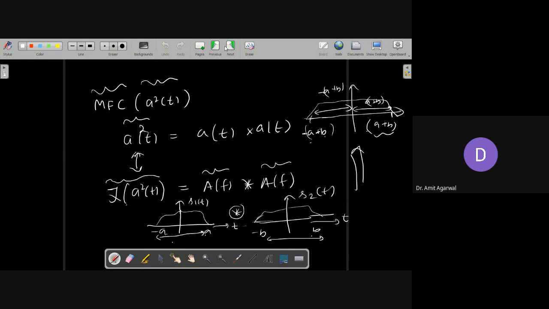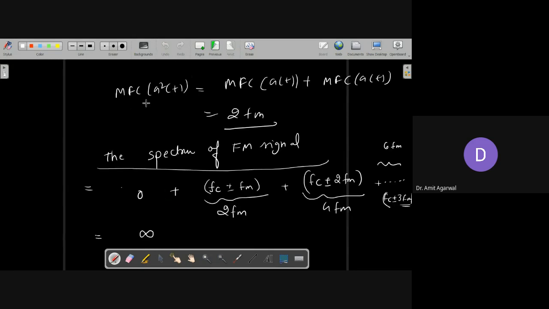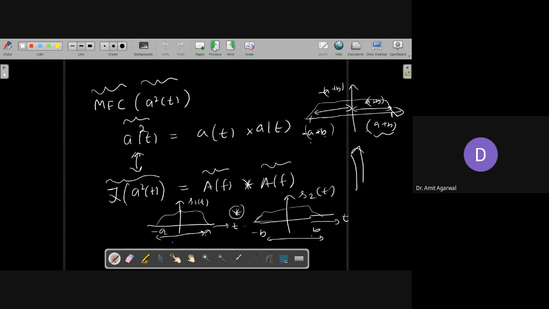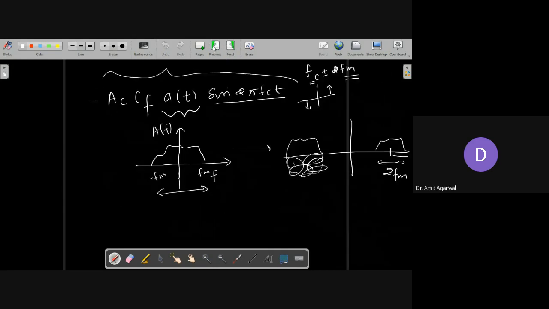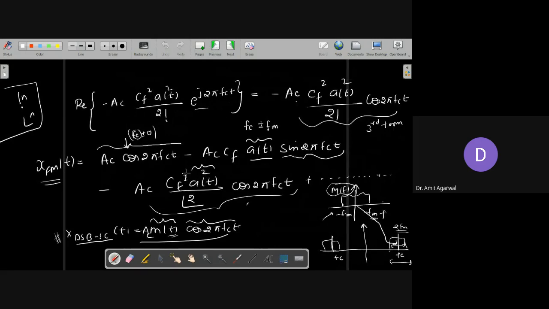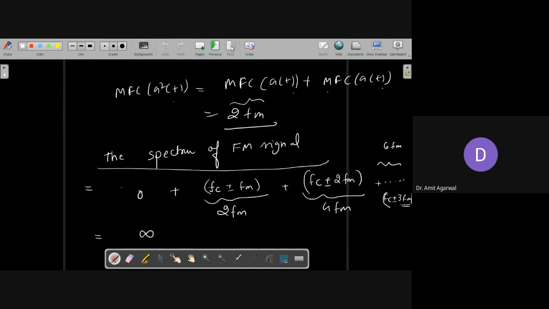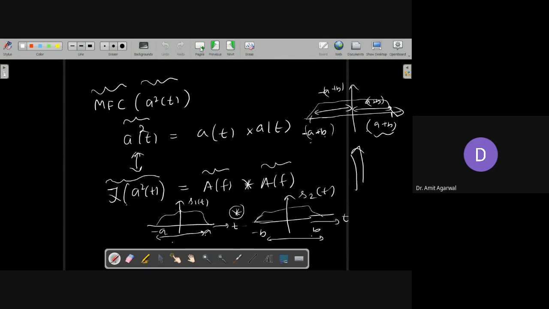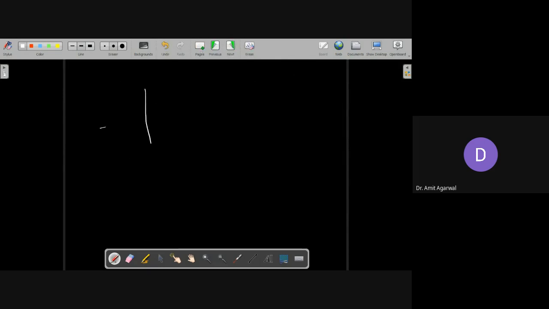Using this concept, we can say that the maximum frequency component of A square t will be the maximum frequency component of A(t) plus the maximum frequency component of A(t), that is 2Fm. So by this logic, A square t is a signal whose maximum frequency component is 2Fm.